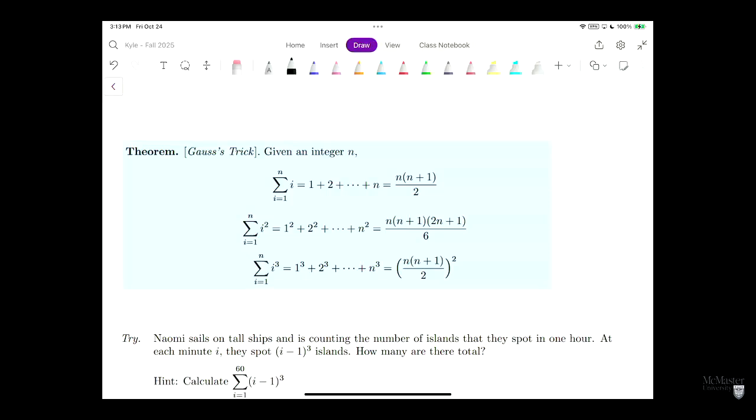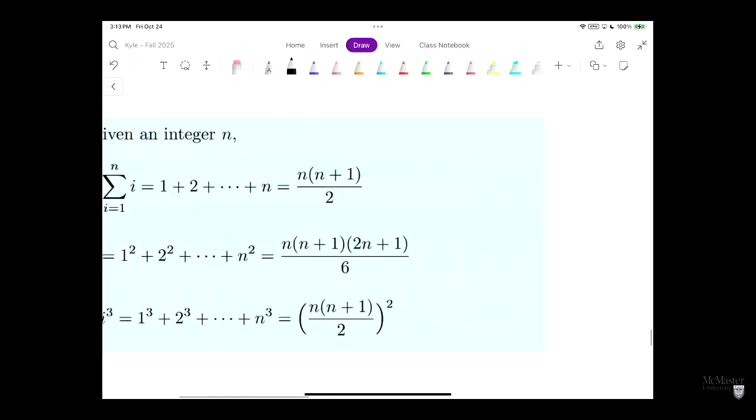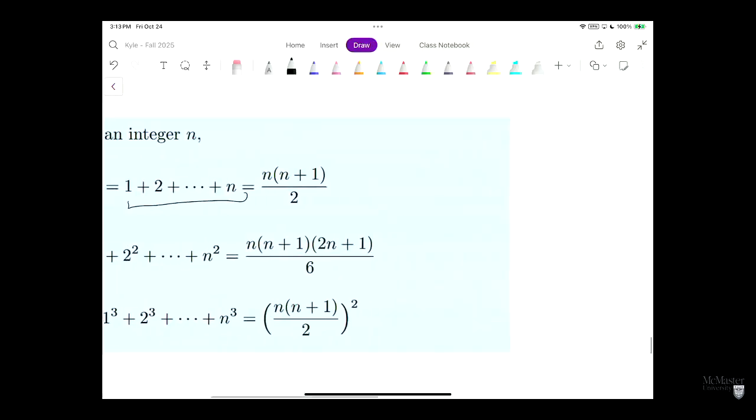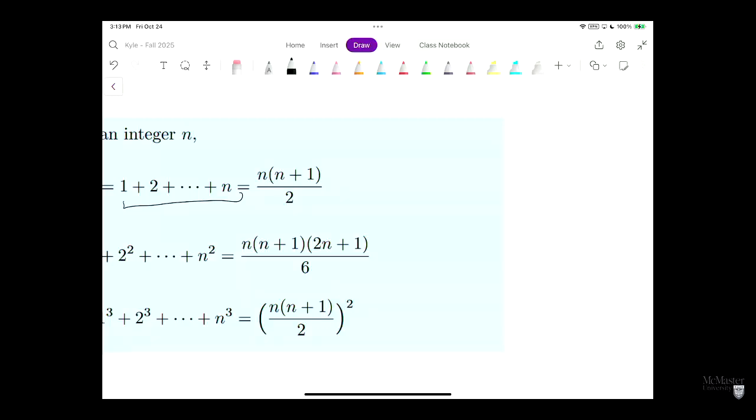So let me see if I can remind myself how this works actually. So we have this, right? So if our goal is to compute, let's call it S. S is 1 plus 2 plus ... plus n, right? So if we add S to itself, 2S is equal to 1 plus 2 plus ... plus n, and then we need to add it again, right?